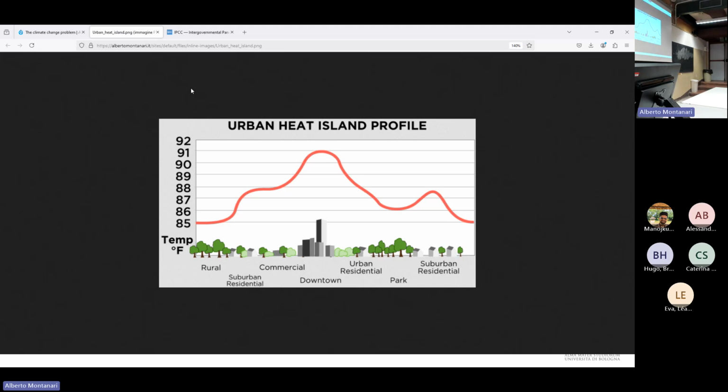This is a relatively recent phenomenon because it was experienced after the Second World War with the urban expansion and the proliferation of home heating. In the past, we didn't use much to heat our homes like today. Today, we are looking for higher and higher temperatures because we want to feel comfortable. But this, of course, originated a higher temperature inside the cities. This is one of the reasons.